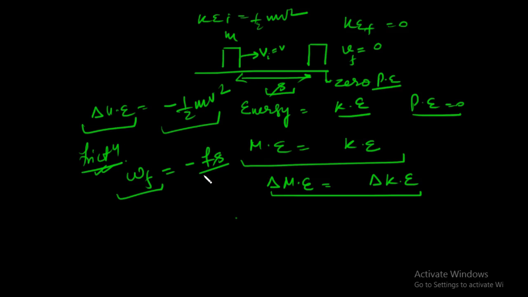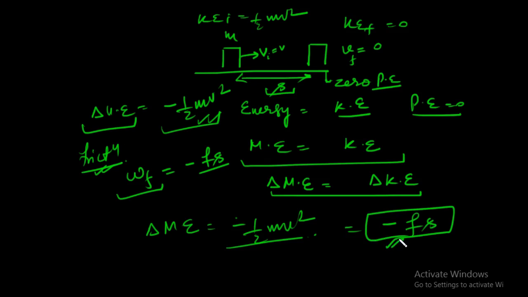So minus F times S is the work done by friction, which is equal to this. So the change in mechanical energy over here is minus half of mv square, or we can say minus F times S, and S can be calculated. I don't have the friction coefficient right now, it's not given in the question, so I assume minus half mv square for the time being.